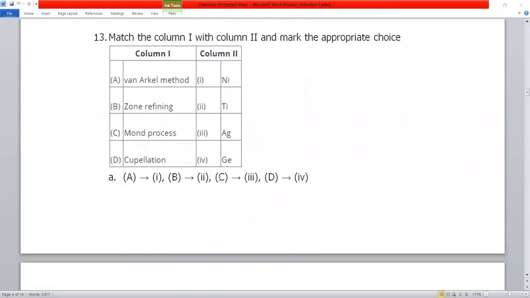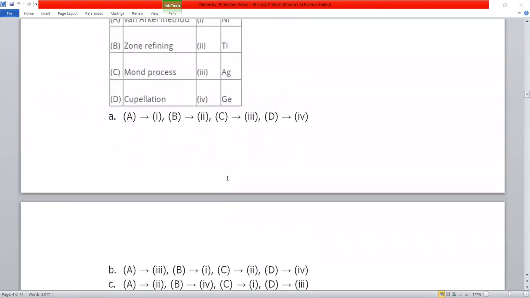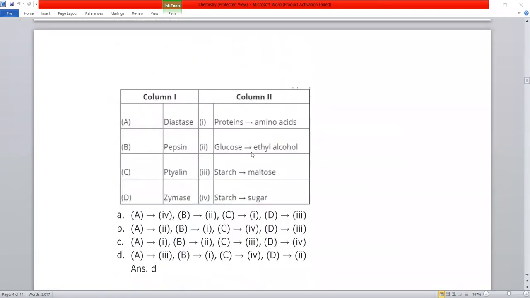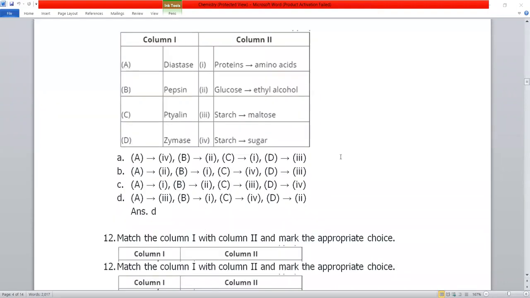Next, question number 13, students. Check here.